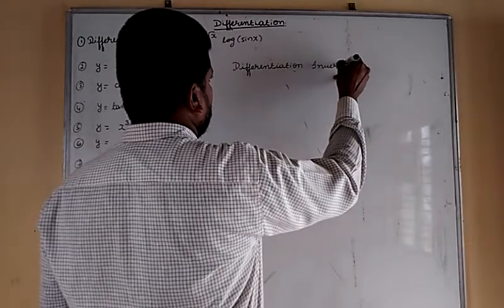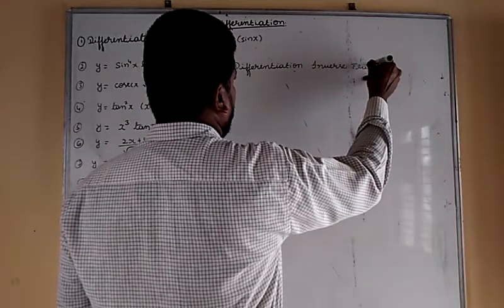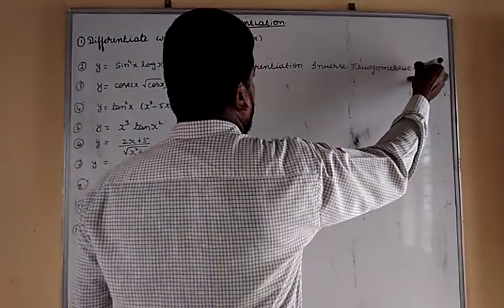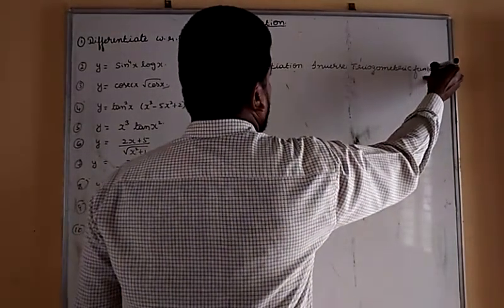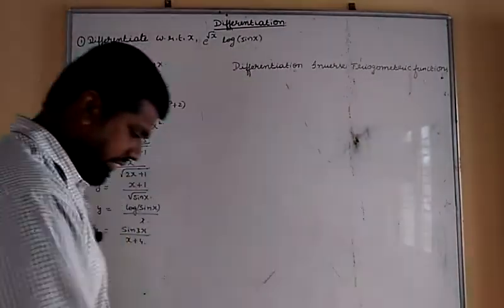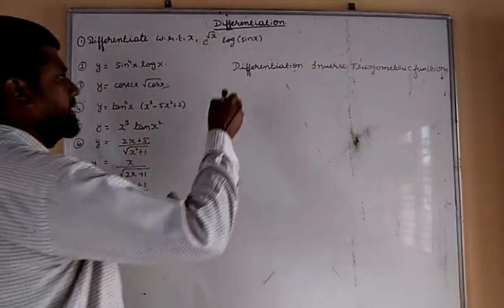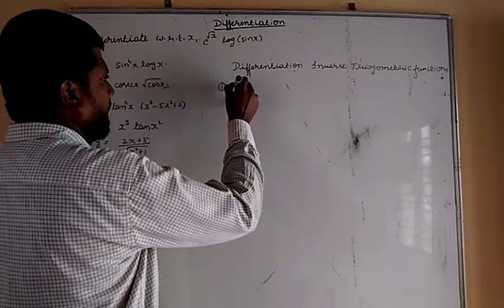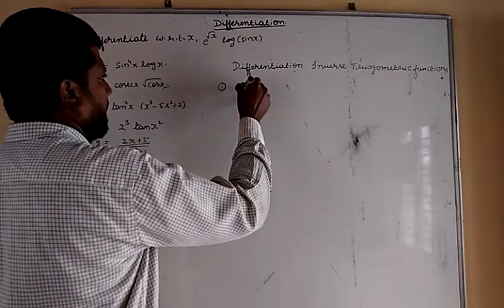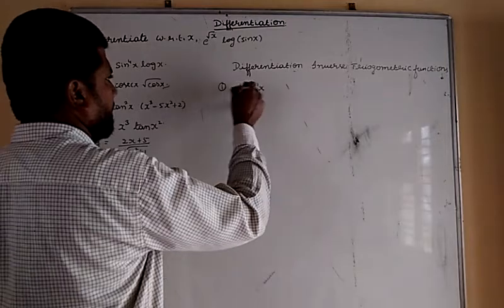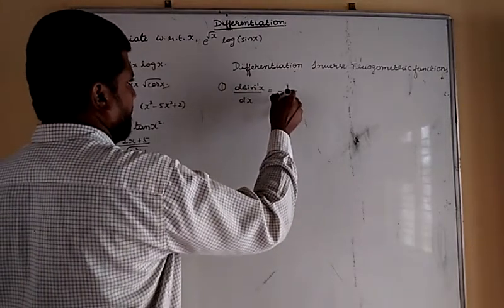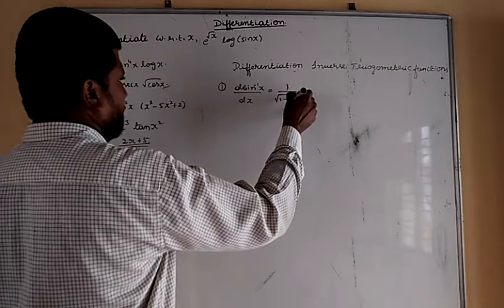Okay, let us take the first formula. Differentiation of sine inverse x. Differentiation of sine inverse x is 1 by square root of 1 minus x square.